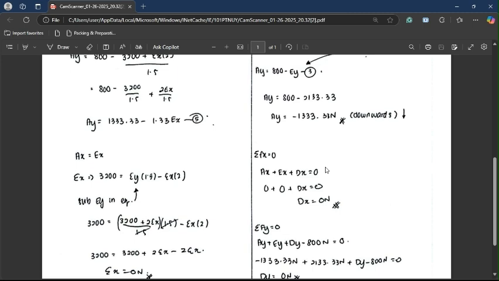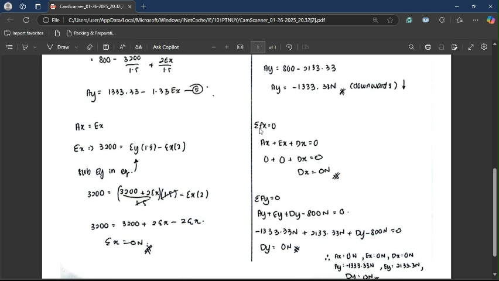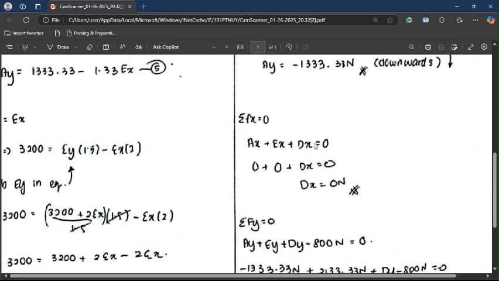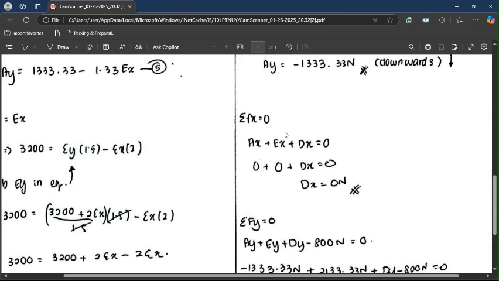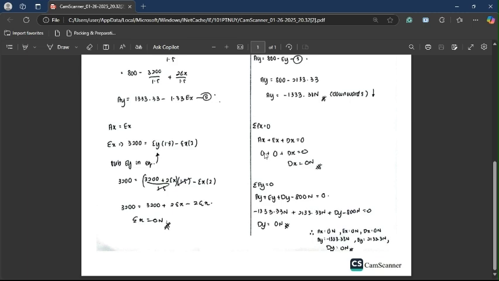As usual, the sum of horizontal forces equals 0. Just sub the values of Ax, Ex, and Dx equals 0. All the horizontal forces are here, and there are no external forces in the horizontal direction, so we don't have to subtract anything.